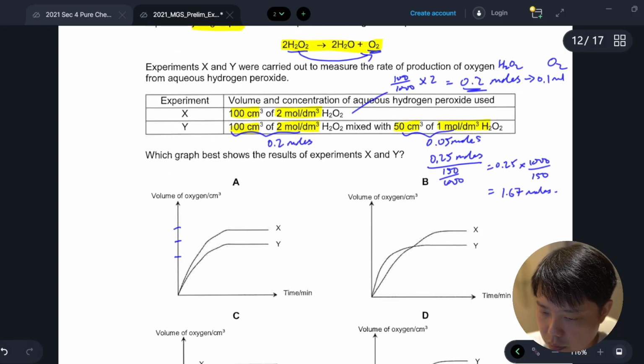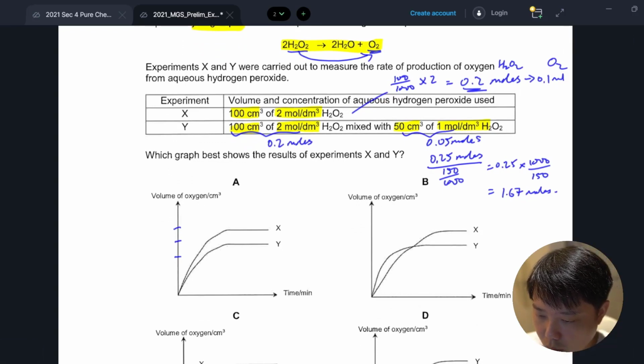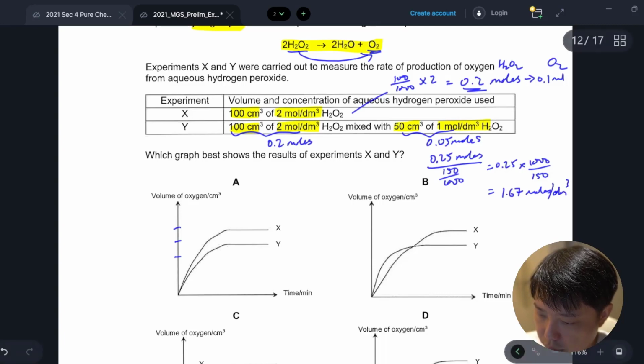Less than the 0.2. So for experiment Y, you will look for it to end off with less oxygen. But sorry, this is the concentration, beg your pardon, in moles per dm cube.